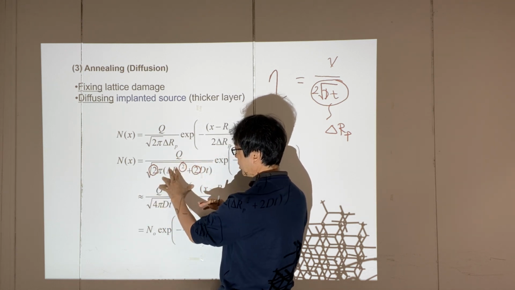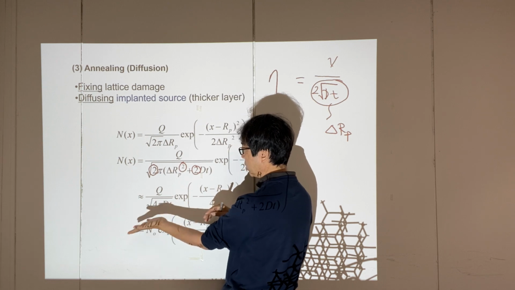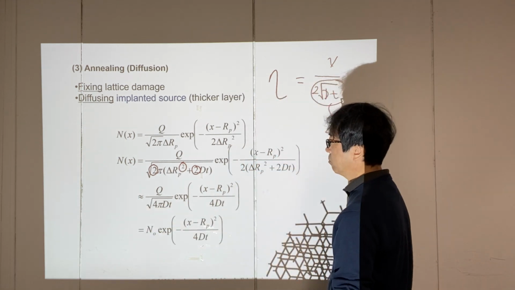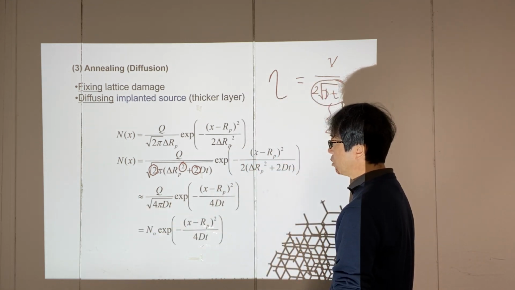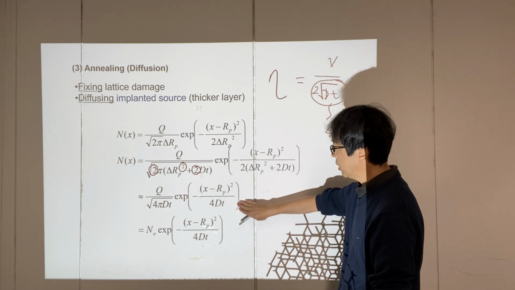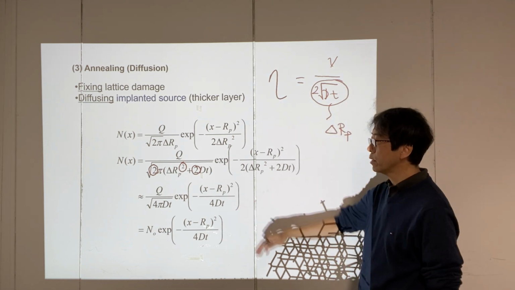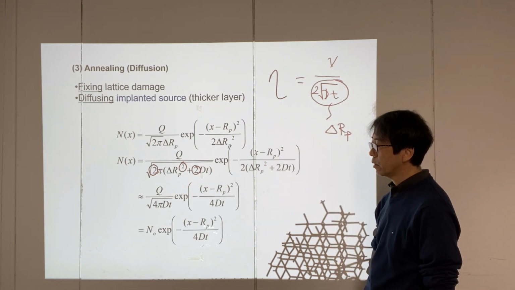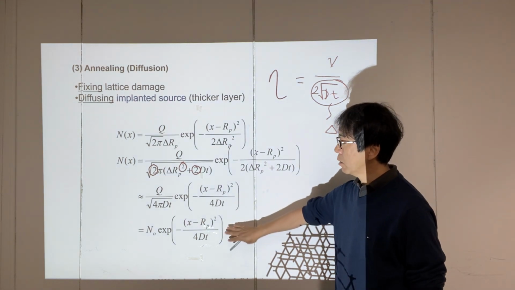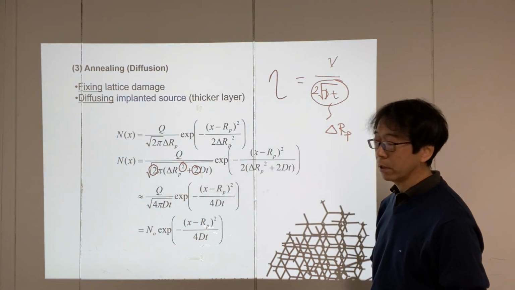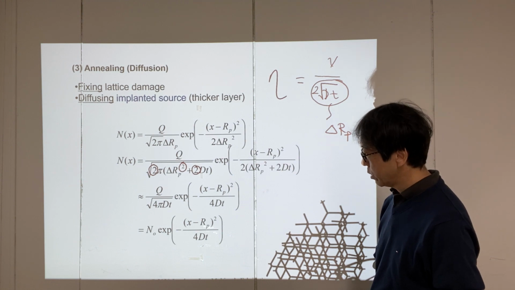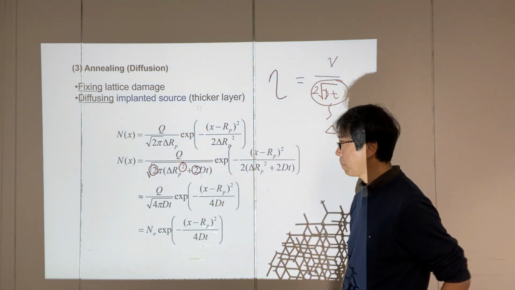And in that case, delta Rp can be ignored, and you can make the equation neater. It's a very simple equation, right? And again, this will look pretty much like the pre-deposited doping condition. And that's very interesting.